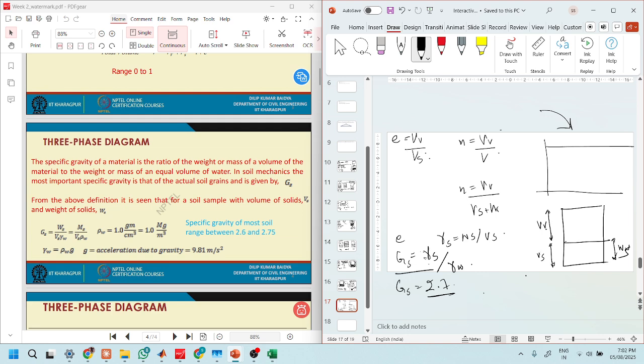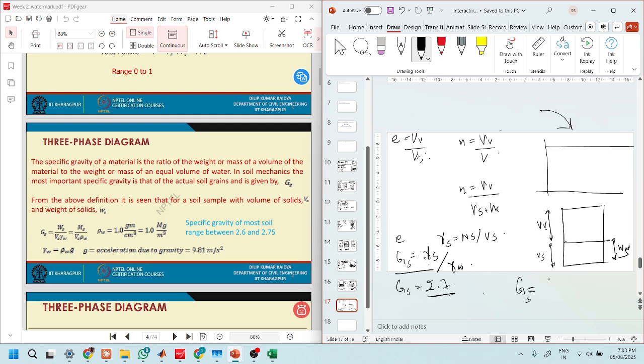That is why you will have soils that have a higher density, higher specific gravity. Higher specific gravity you will see in soils that may have iron or metals in them.